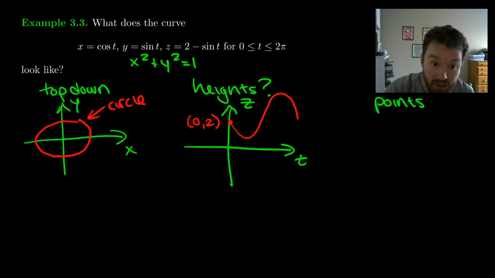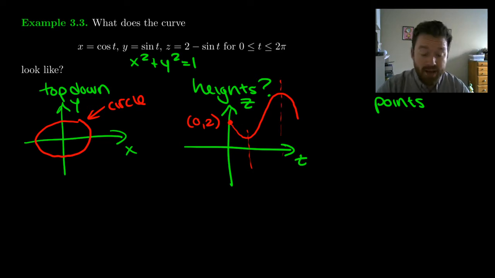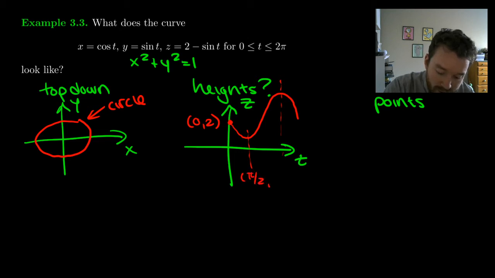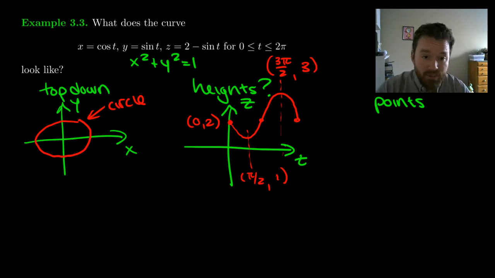This is the negative sine function, right? And so we have some nice points here at pi over 2 and 3 pi over 2. This is reaching its maximums. So we have the points, for example, pi over 2 for t and 1 for z. We have 3 pi over 2 and 3 for z. And then we have pi, comma 2, and 2 pi, comma 2.